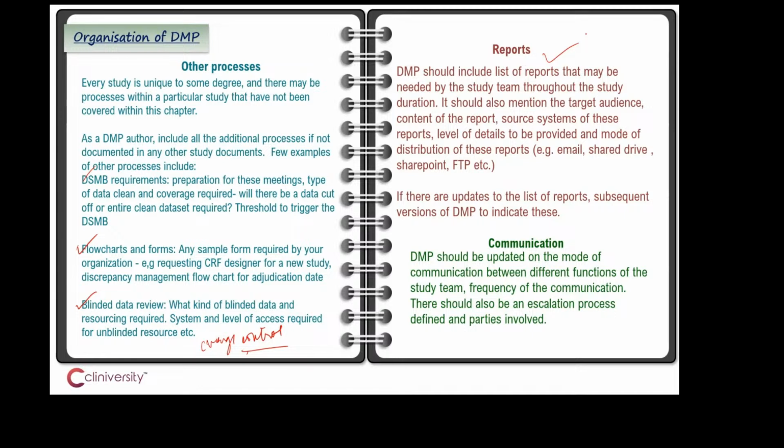During the closeout portion of the study, again, frequency would increase. So most studies will have communication variability. But any regular communications that are decided between the study team should be in the DMP.